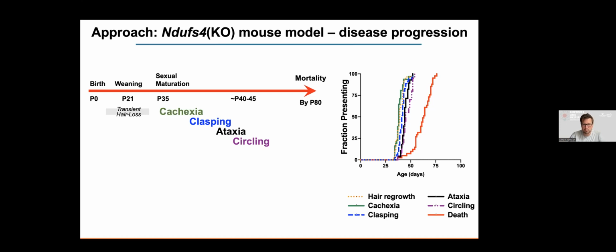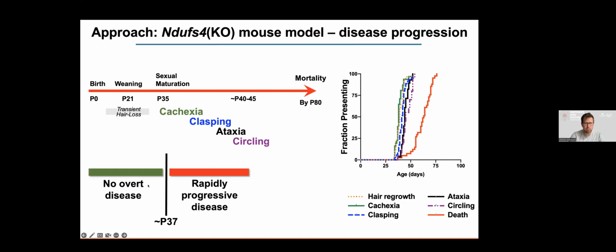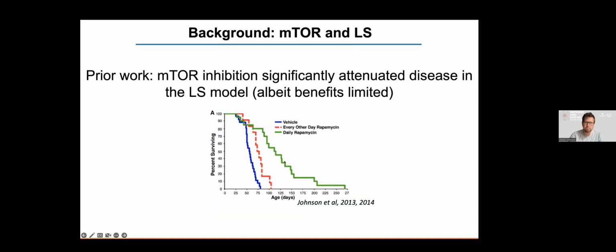These are all just visual signs of neurological dysfunction. And mortality in this model without intervention is by about 80 days. You can think of the lifespan of this animal as two phases: no overt disease before P37, rapidly progressive neurodegenerative disease after that age.